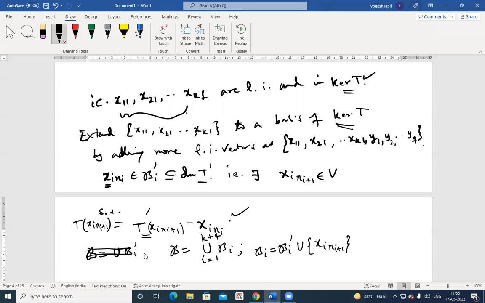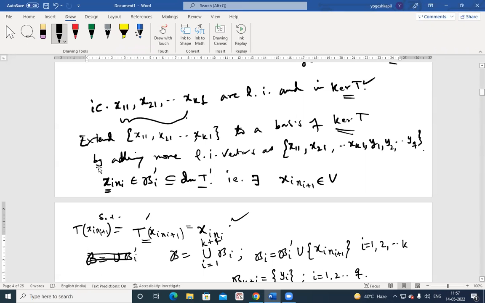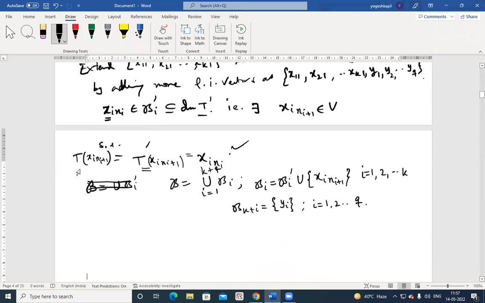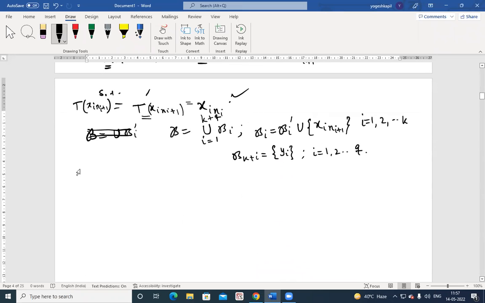This is from i equals 1 to K, or i ranging 1, 2, and up to K. Then I just take B K plus i as simply Yi's. Here i ranging from 1 to Q. Just look at this and convince yourself. Is it all right?